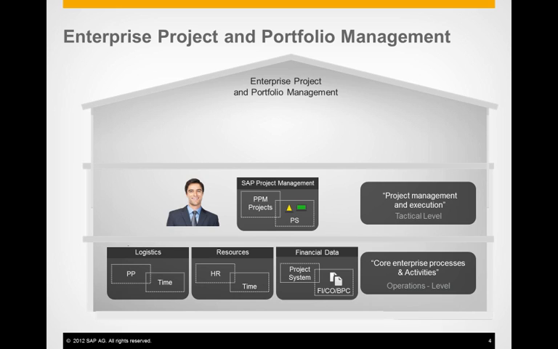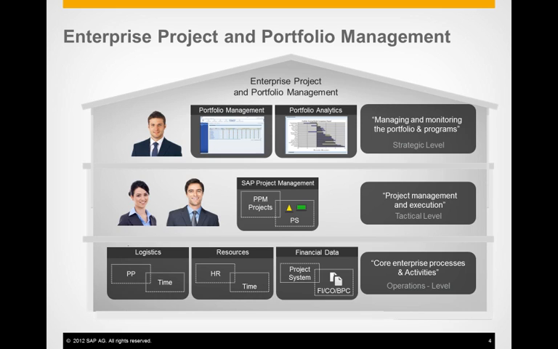As we move up the architecture to the project management and execution layer, or you could say the tactical layer, it's the implementation layer of the strategies that you've put in place at the highest level in the architecture, which is the portfolio management, portfolio analytics layer, the strategic layer, where you decide through stage gates, fail gates, whichever kind of methodologies you use, which ideas, which initiatives will actually eventually make their way into executable projects.